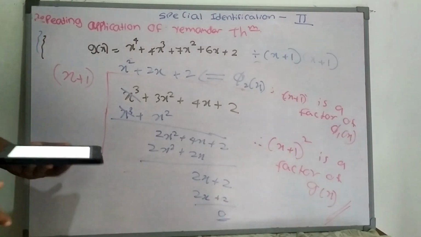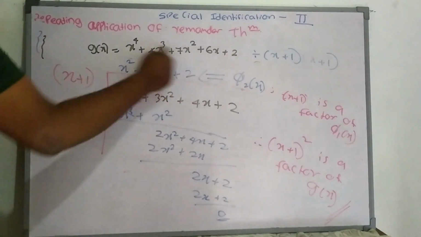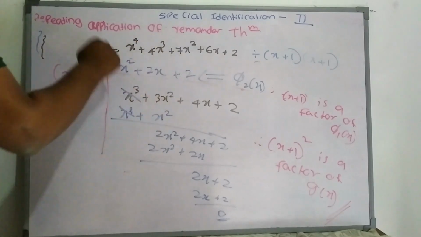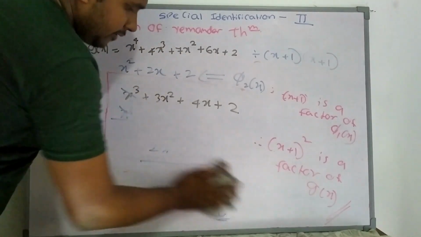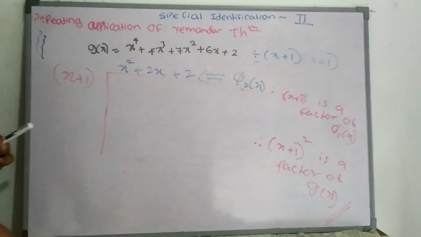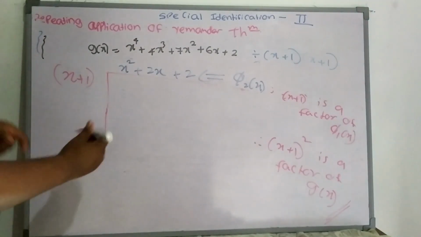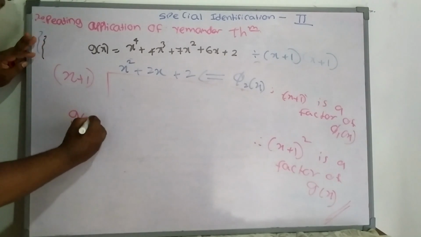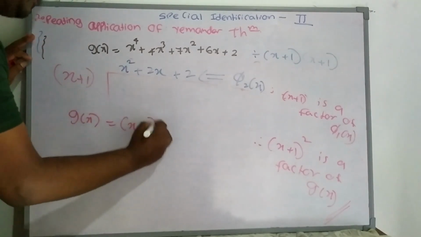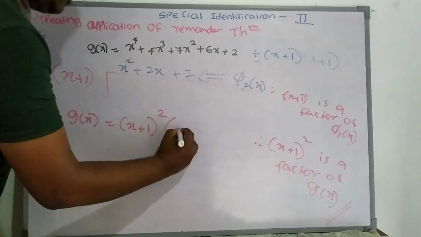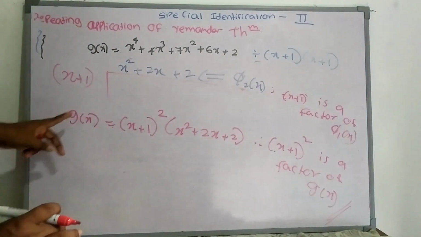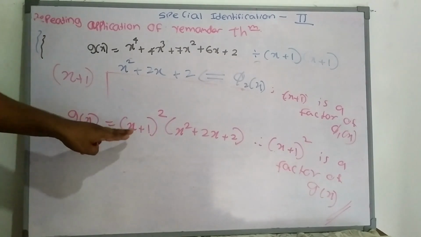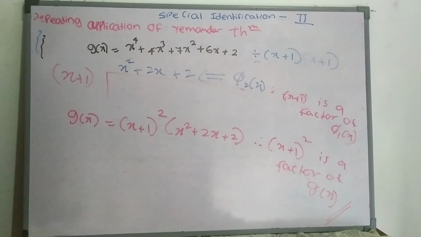Now we found the final property when g(x) is divided by (x plus 1) whole squared, right? So g(x) is equal to (x plus 1) whole squared into (x squared plus 2x plus 2), because (x plus 1) whole squared is a factor of g(x).